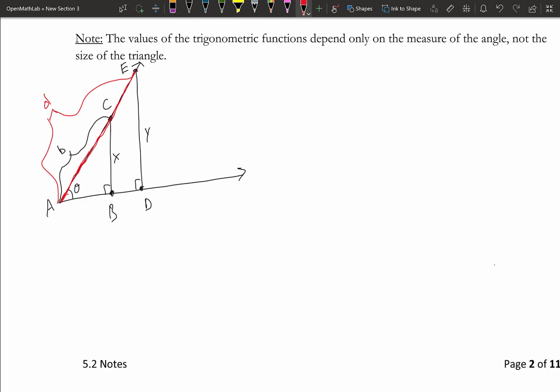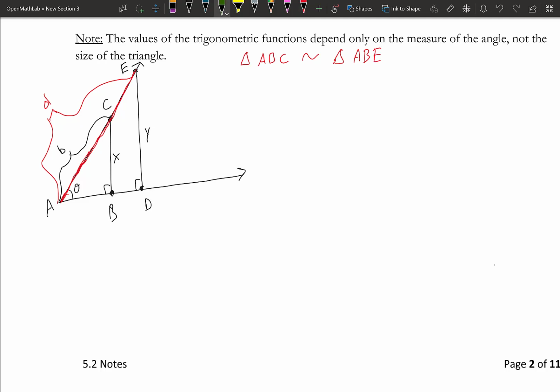So in other words, if we look at triangle ABC, this is similar to, and we show it with this squiggly line symbol, triangle ADE, right?